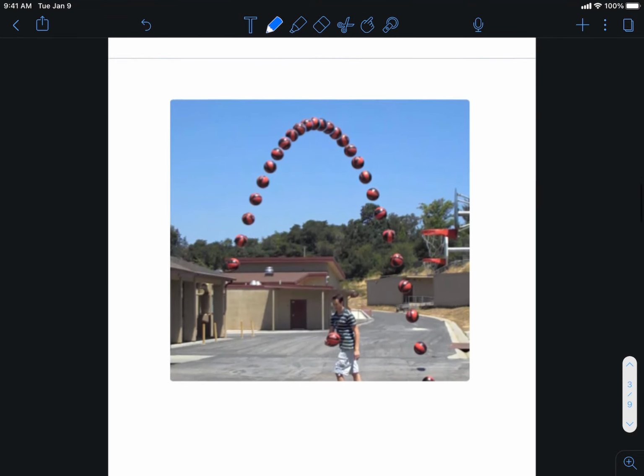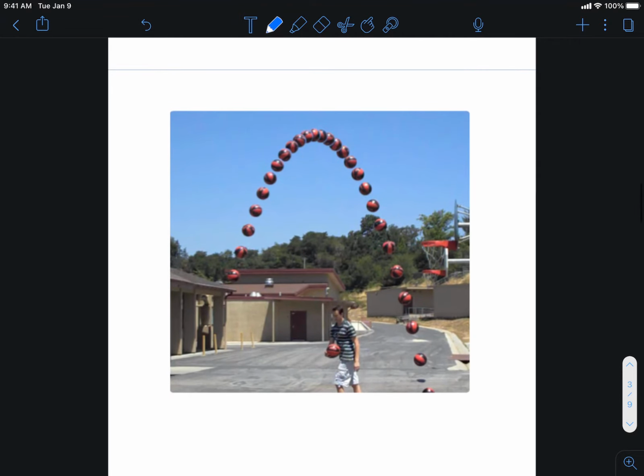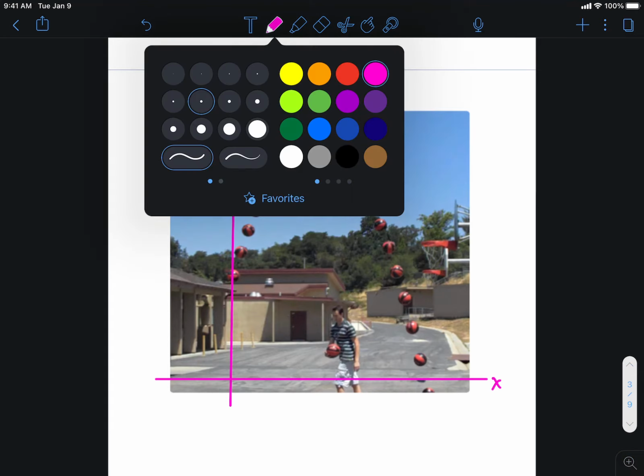They may have even labeled it time. Okay, so you can see here, if I bring my grid back down here, the ground's still the ground, right? Well, the ball went up.